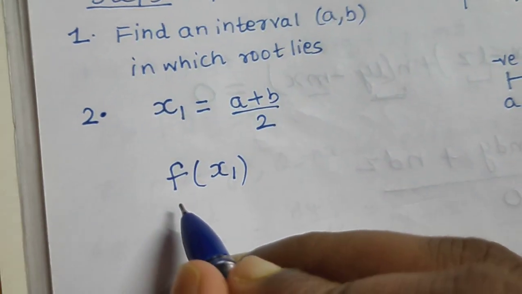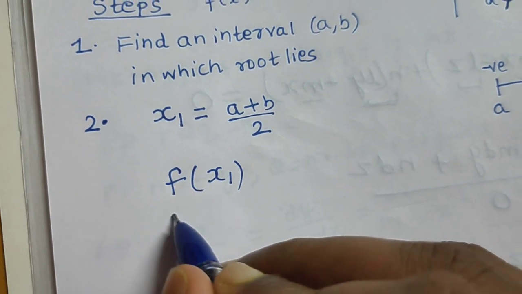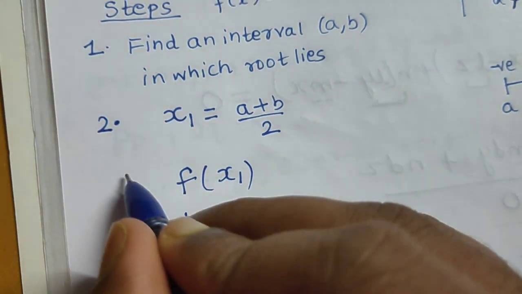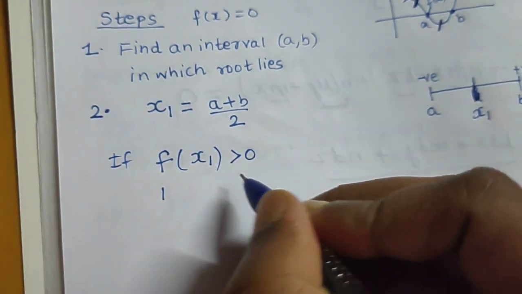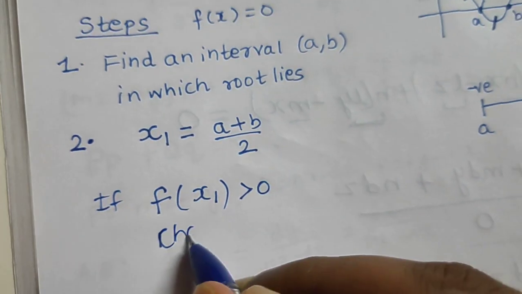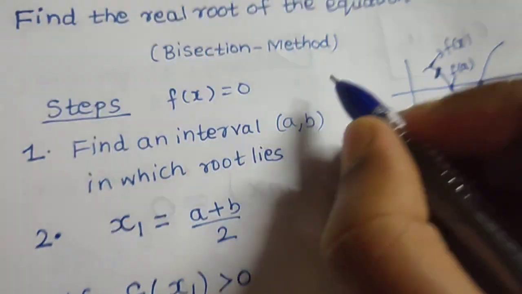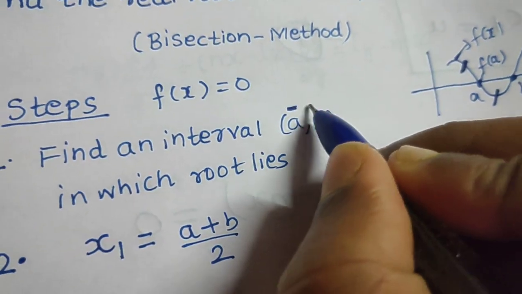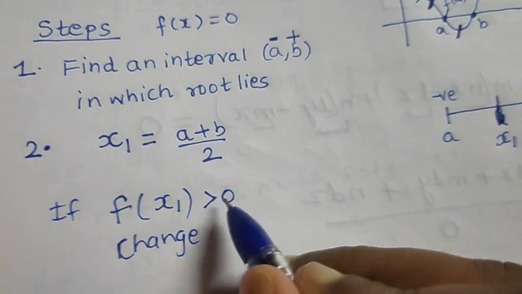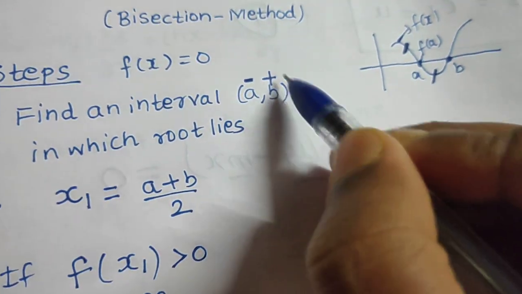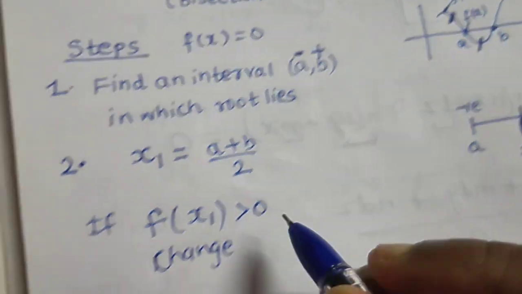Now if f(x1) is greater than 0, then change, let's write minus on top and plus on top so that you don't get confused. If you get it positive, b corresponds to positive, so change b to x1.